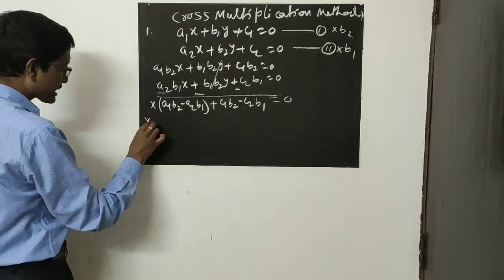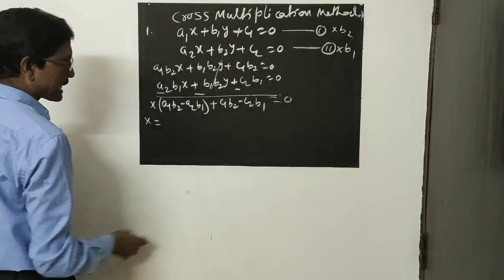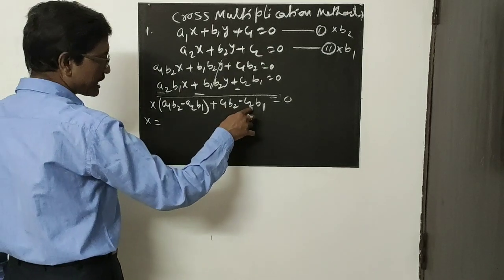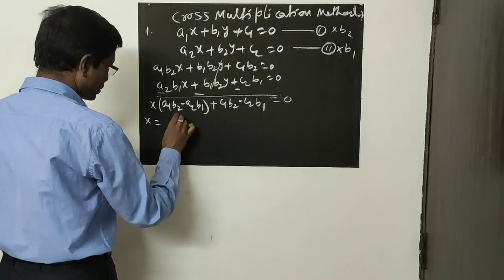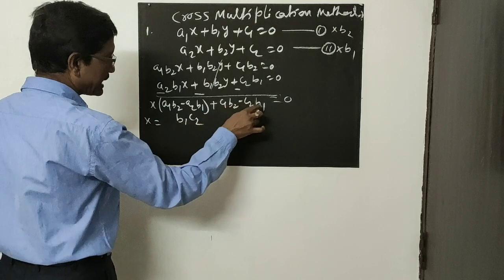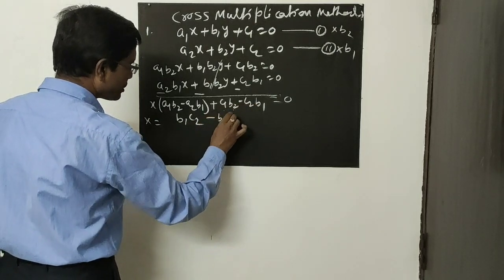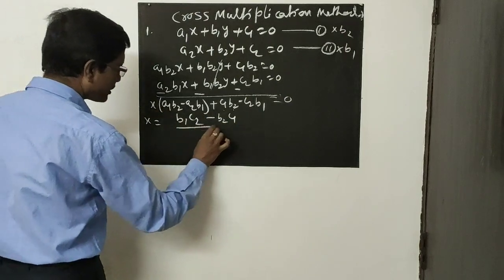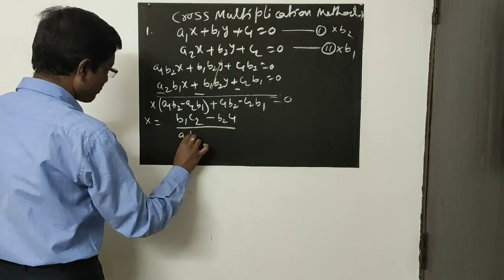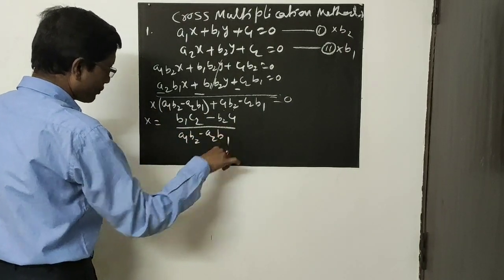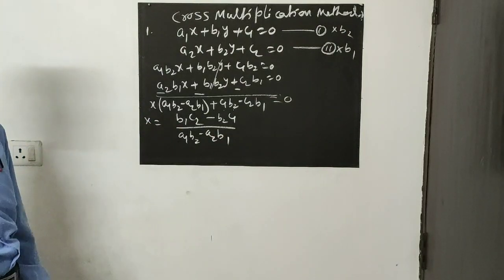So x equals b1 c2 minus b2 c1, divided by a1 b2 minus a2 b1. So that is how x comes.